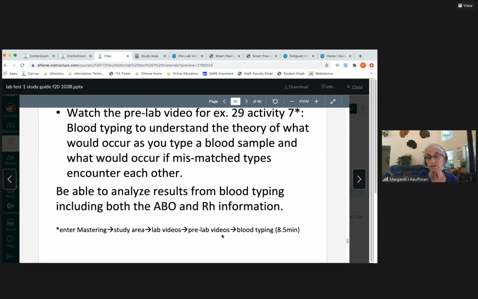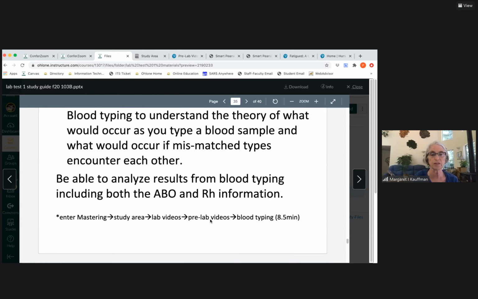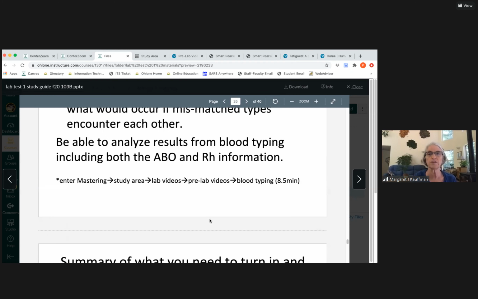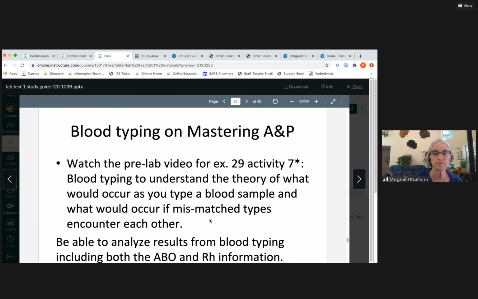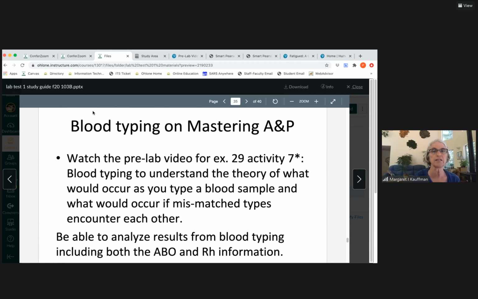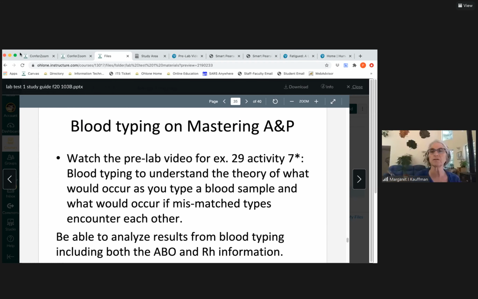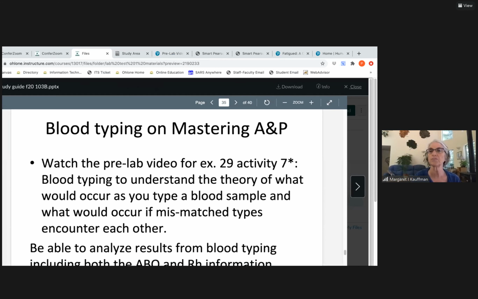And they don't fully explain the Rh. They say it, but they don't really explain that antibodies have to be triggered in most cases. And the Rh is one of them. So I think that's the end of this study guide. Let me leave this. I guess I have to move you guys is the problem.